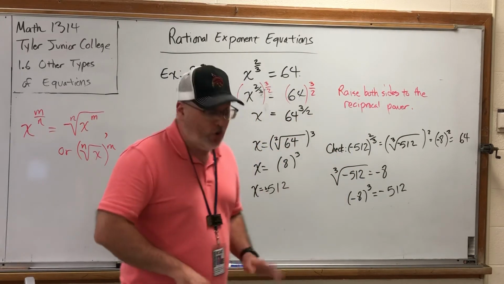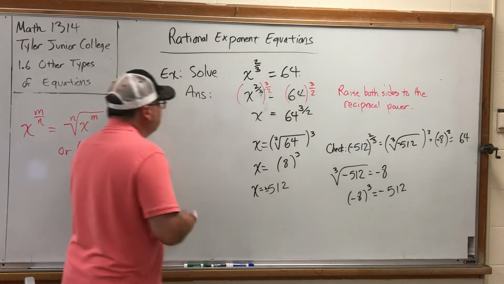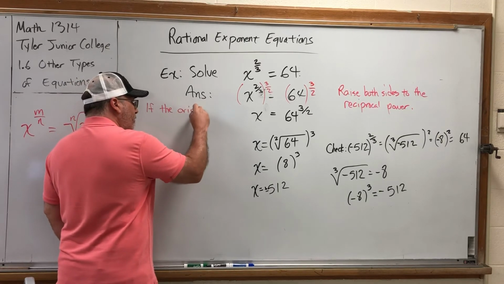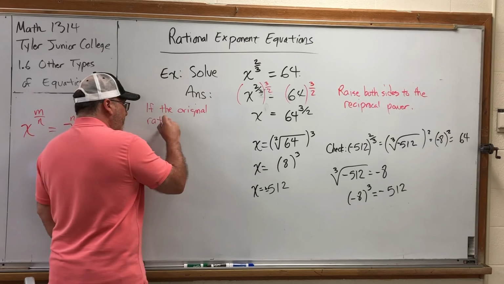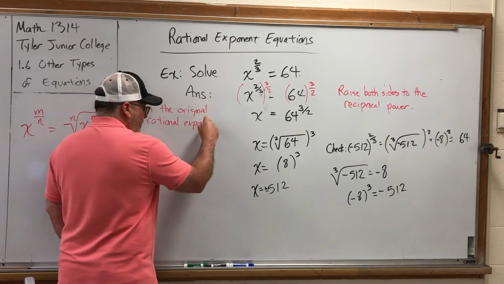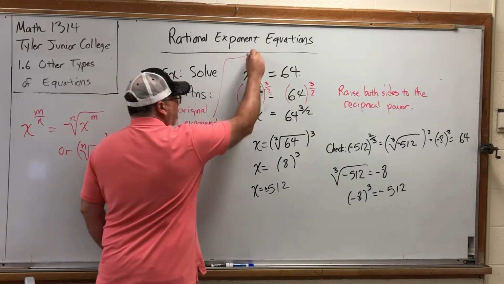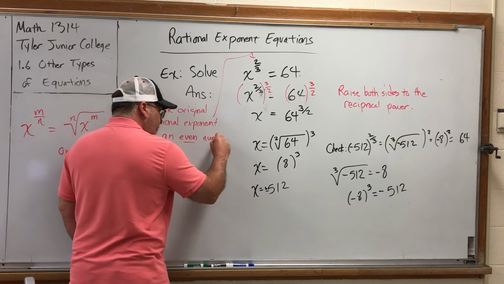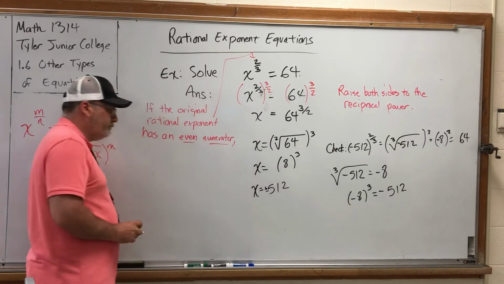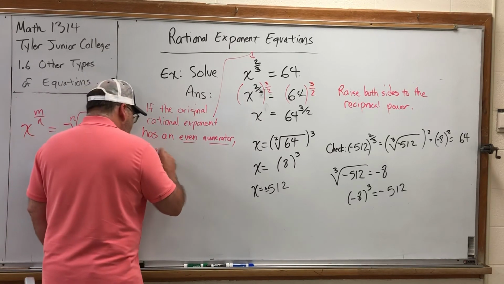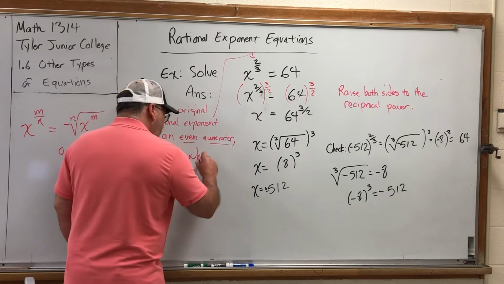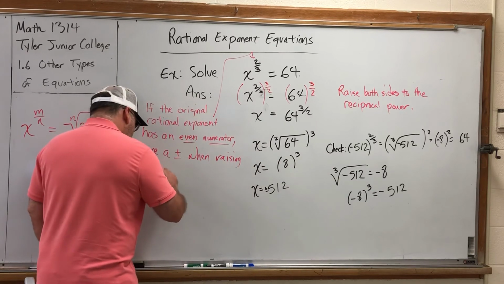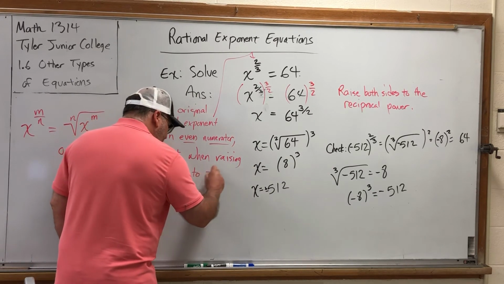Okay, I'm saying a lot of words and referring to a lot of old stuff, but what does this mean that you have to know? The following. If the original rational exponent, so this one, has an even numerator, use a plus minus when raising both sides to the reciprocal power.